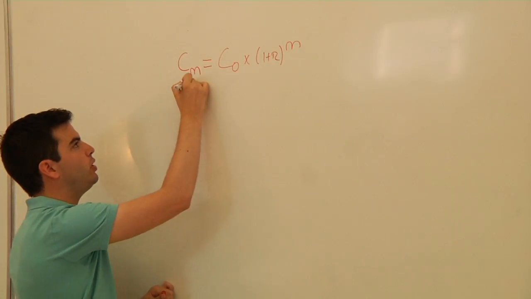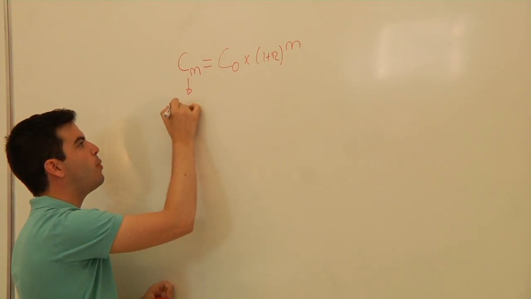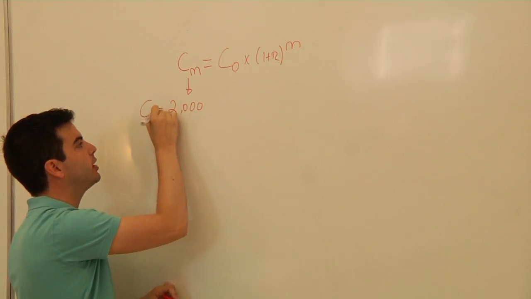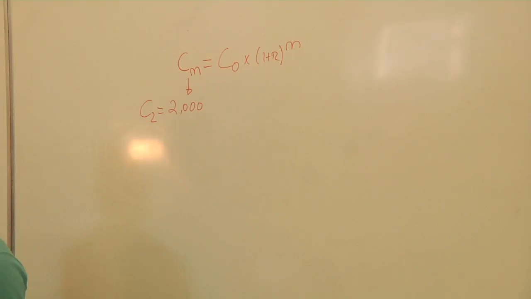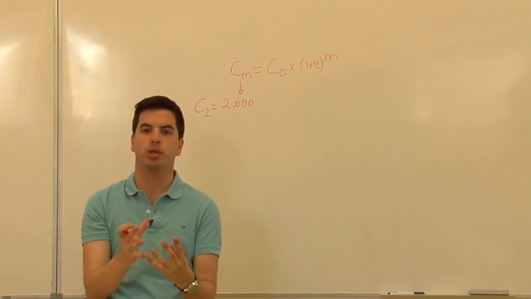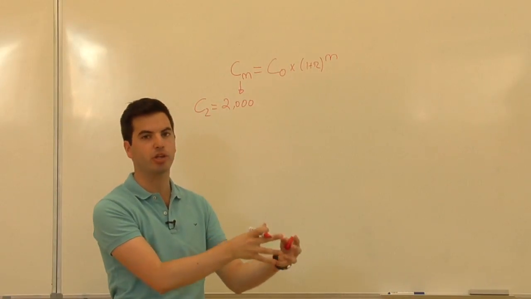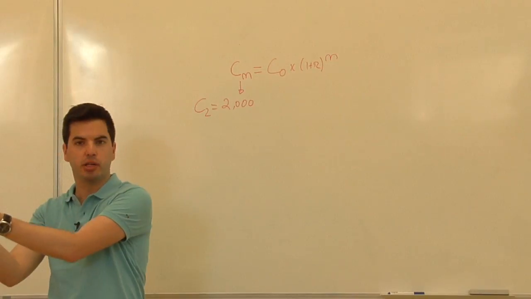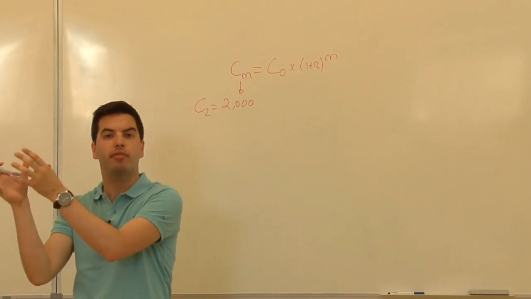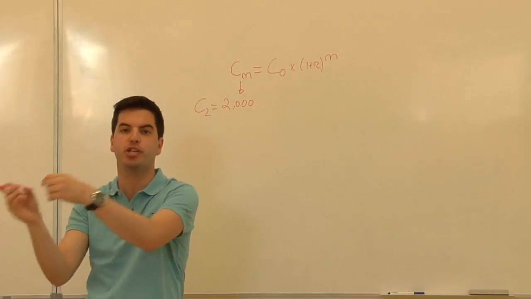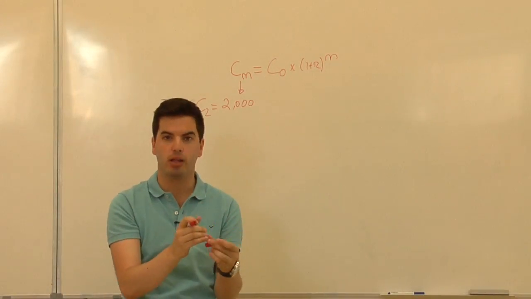Now, what you have to know is how much do you need to have so the future capital after 2 years is 2,000. So now you are looking at the other way around. Previously you had a certain initial capital and you wanted to know how much you would have after a certain amount of years. Now we have how much you want or how much you will have after a certain amount of years, and you want to know the present value.